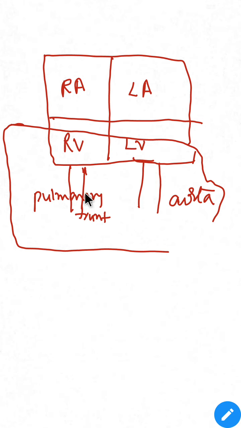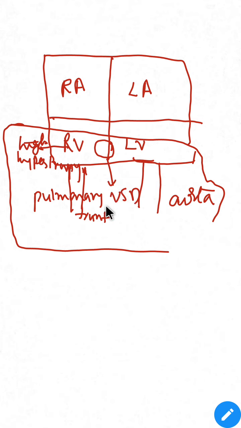First, there will be hypertrophy of the right ventricle. Second, there is a ventricular septal defect. Third, there is pulmonary stenosis.